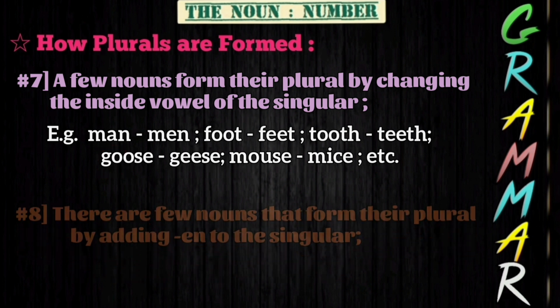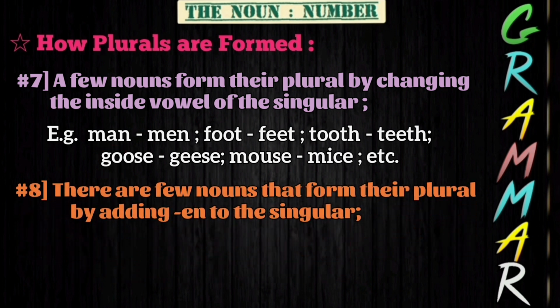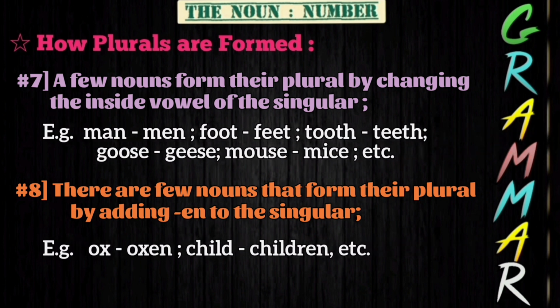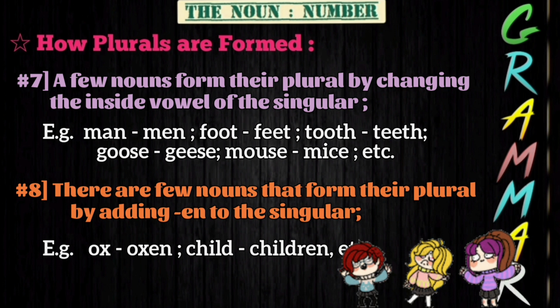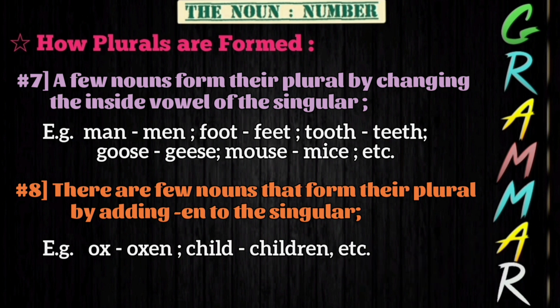Next rule, there are a few nouns that form their plural by adding EN to the singular form. For example, ox. The plural of ox is oxen. The plural of child is children. So here we are adding EN at the end.